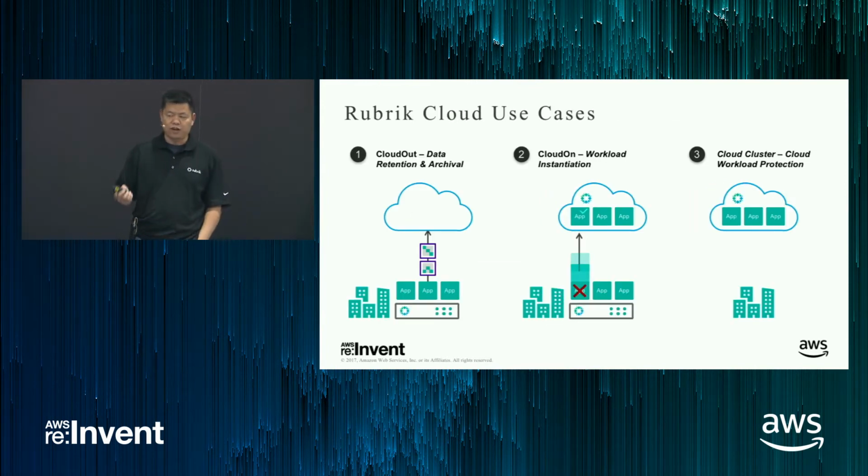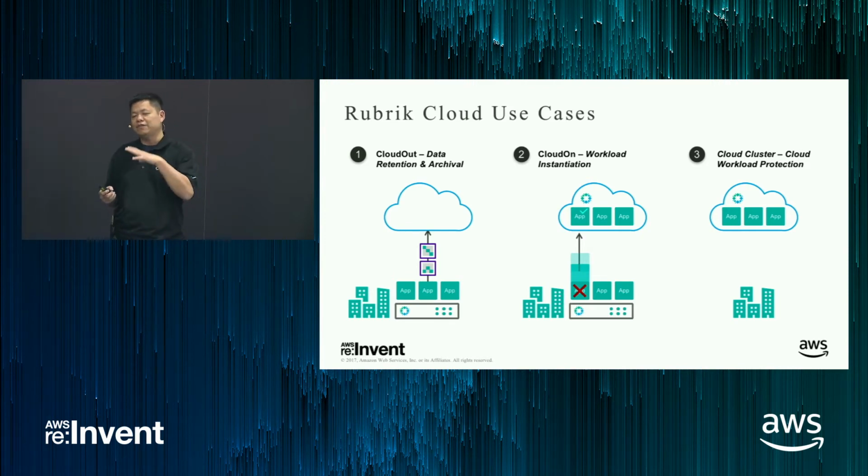So in the case of Rubrik, there are three primary use cases for how we integrate with Amazon in S3. One is around the area of what we call Cloud On, which is the idea, again, of using S3 as a very cheap and deep storage platform that we can send backup data to, so that you're not sending it off to tape.